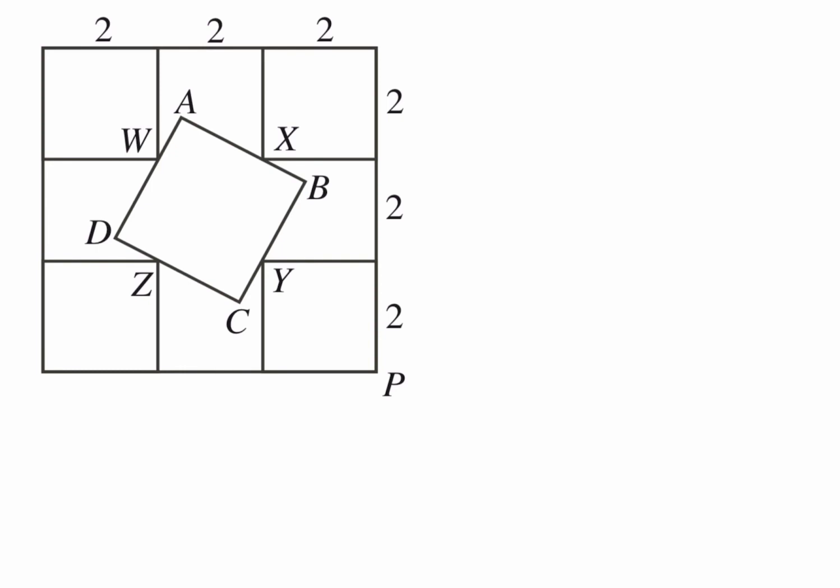The first thing I'd like to do is join W to X like this. And when I do, I want to illustrate that, of course, this is a right angle since it is a square. And when this square, represented by ABCD, is tilted, it will follow a certain path.